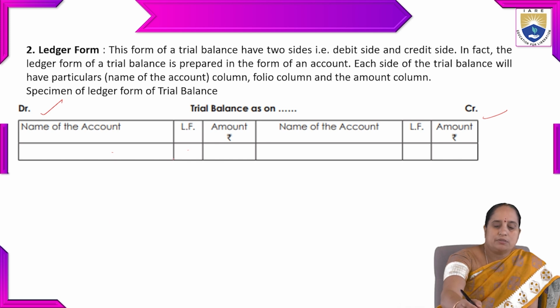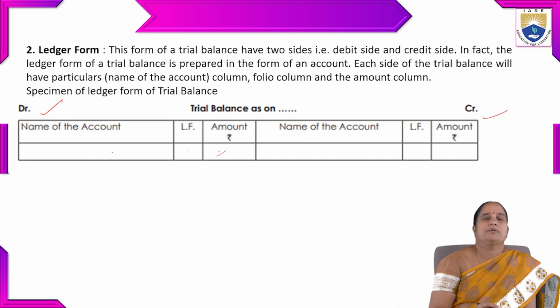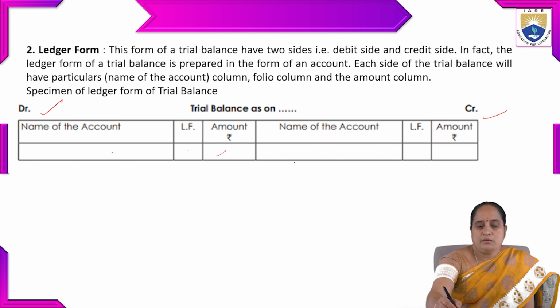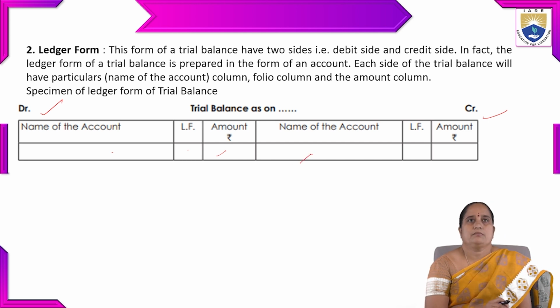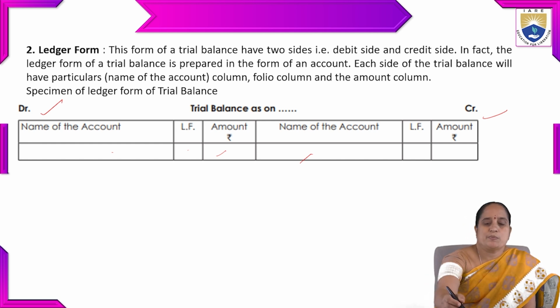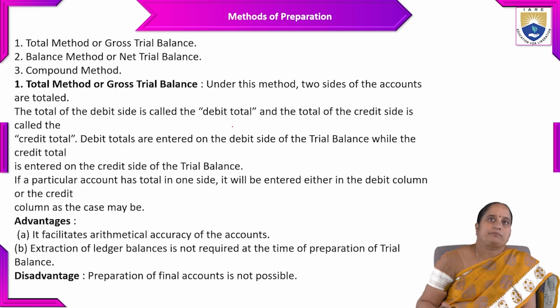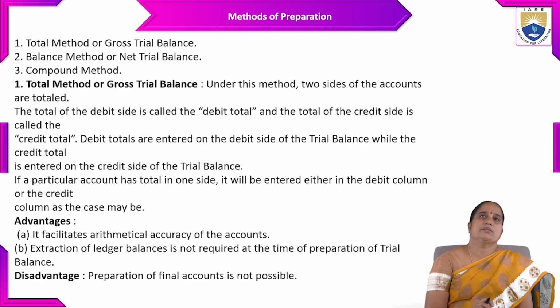In the ledger, the page on which that particular account is mentioned is denoted by the ledger folio, and then the amount. The same thing we see on the right side also: folio column and amount column. So this is the specimen of a trial balance using the ledger form.